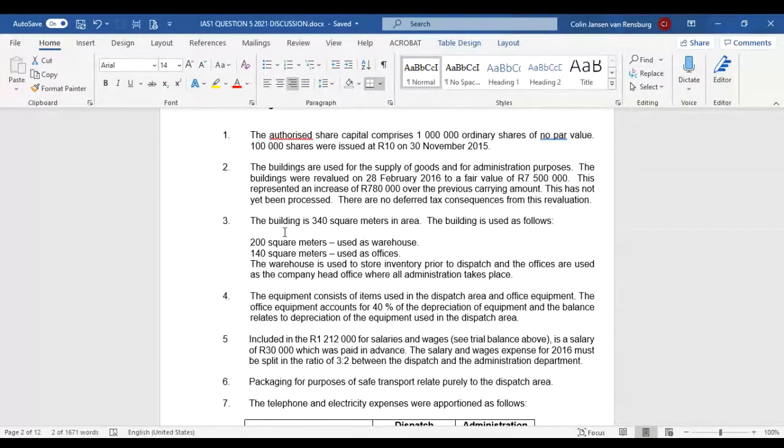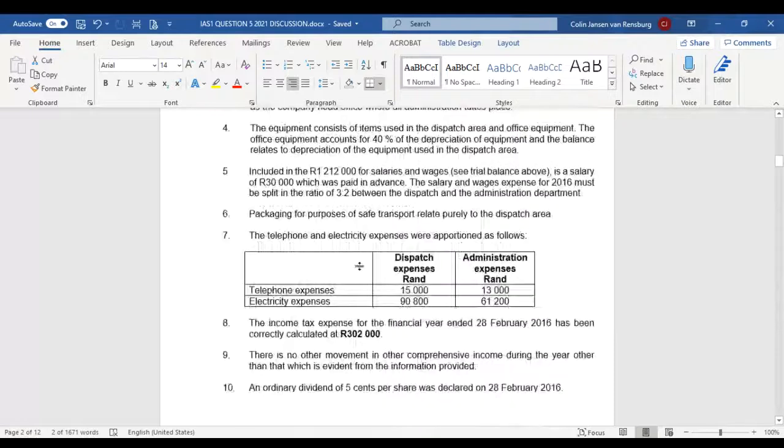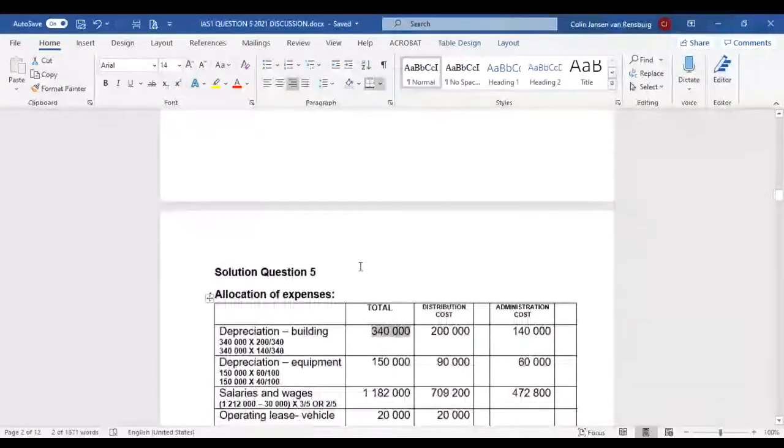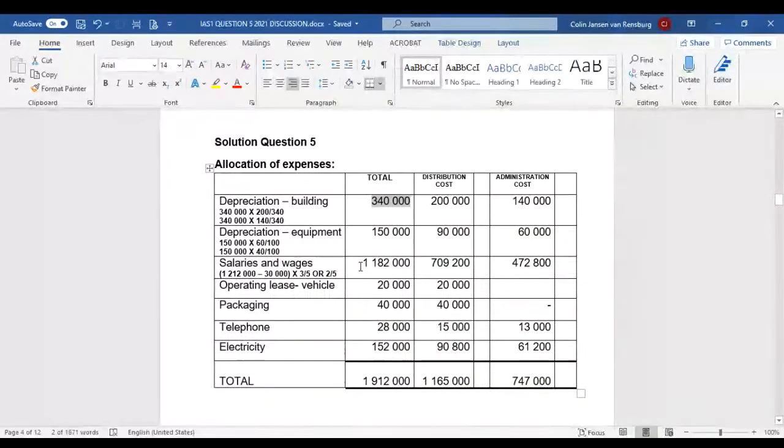And then they tell us 200 square meters is used as the warehouse and 140 square meters is used as offices. Right. So now let's go and look at how we allocate that. We already said a little bit earlier, that will provide us with a ratio, right? So in the case of the distribution cost, that warehouse of ours was how many square meters? 200 square meters, right?